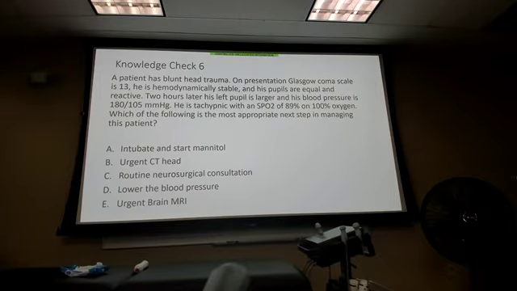Okay, a patient has blunt head trauma, GCS is 13. Everything is stable, pupils are equal and reactive. Two hours later, the left pupil is larger, blood pressure is 180 over 105, tachypneic with an SpO2 of 89 on 100% oxygen.